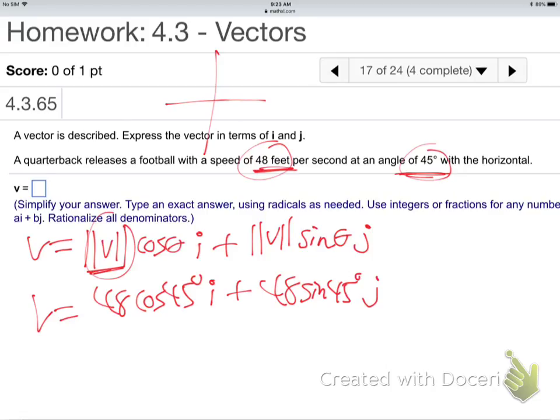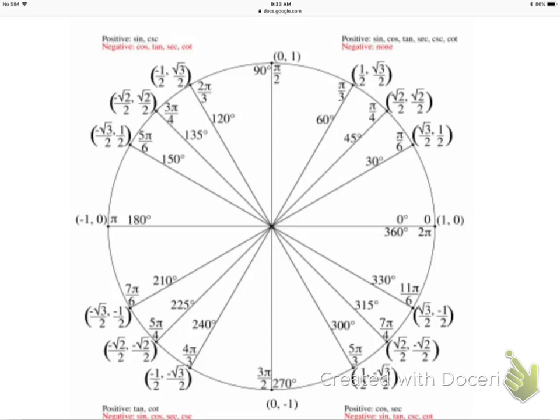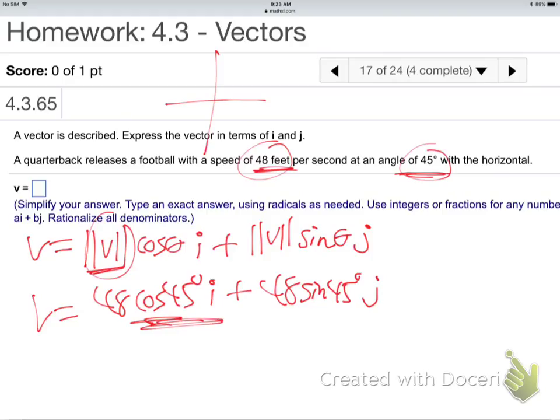Why is that formula always true? Because cosine is always x. Remember on the unit circle, cosine is always the x value. So x is sideways, so cosine is always with the I. See how these things all connect up? Cosine is always going to be the sideways movement, the I component.